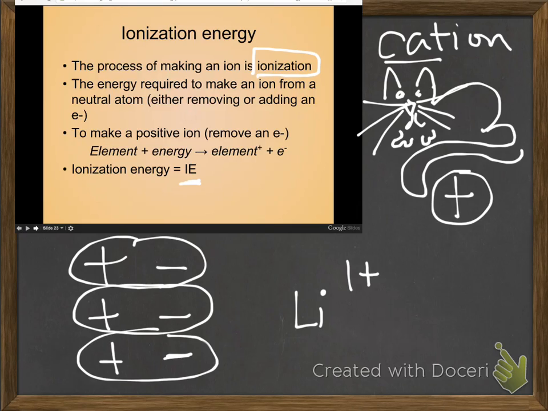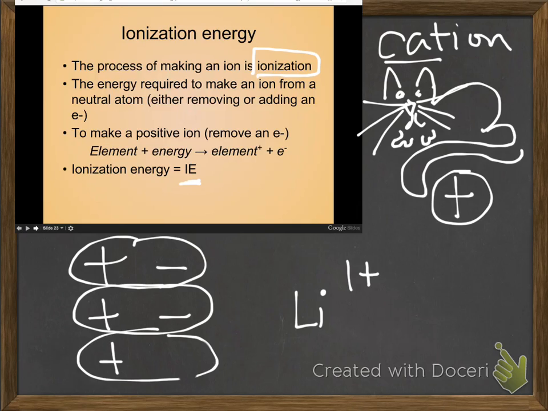Because right now it's all nice and balanced, and even though it's not the most stable configuration, which would be the noble gases, it's got an equal number of positives and negatives. It's sitting at some energy level. To strip this electron away takes some amount of energy.